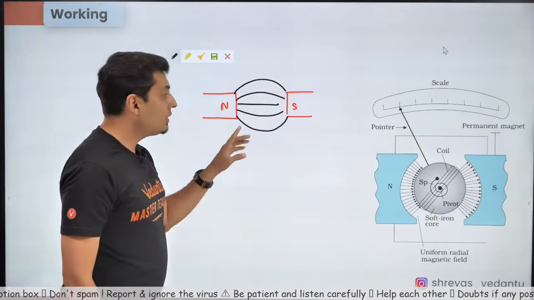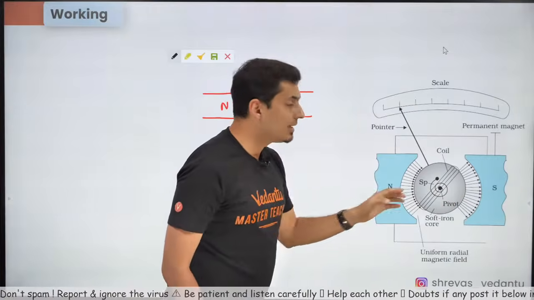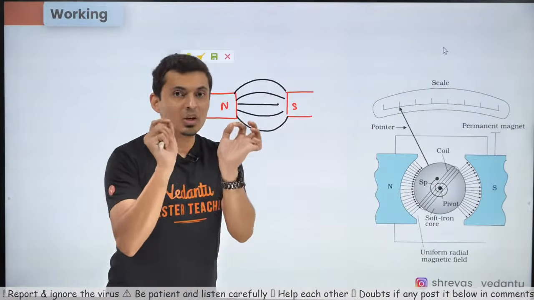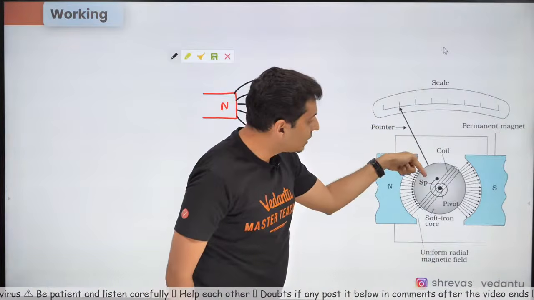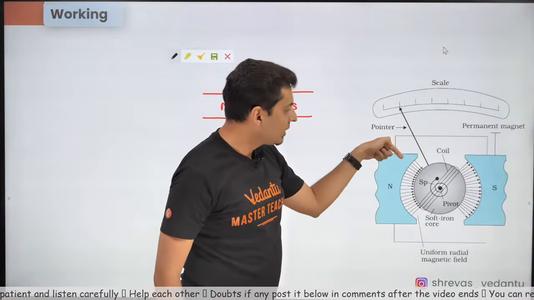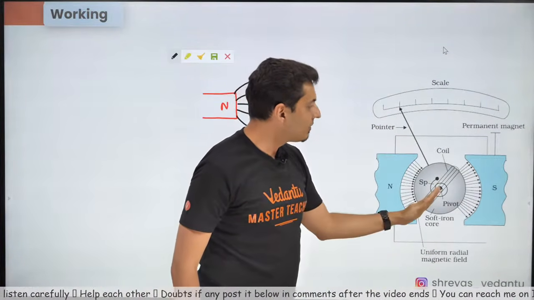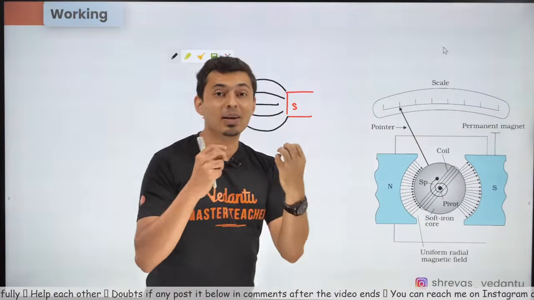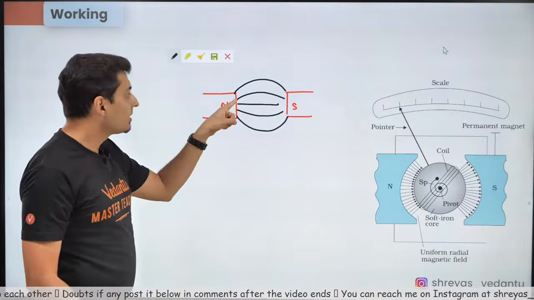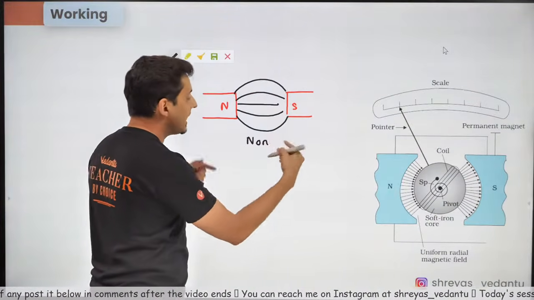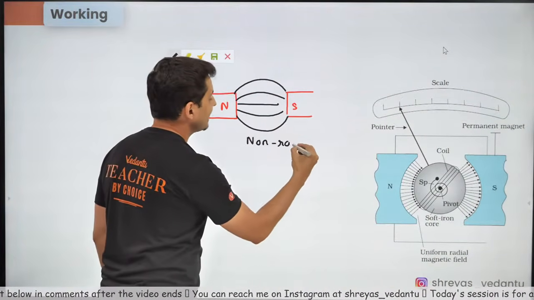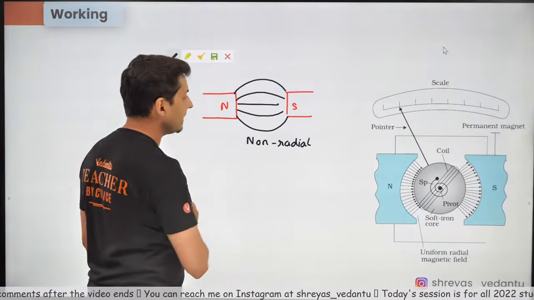But when you want a field in such a way that the field lines look as if they are going towards the center of this circle, look at this, the field lines go like this, the field lines come from here. That is called a radial field. This field is non-radial. Obviously, it's not directed towards the center, so that's why it is called a non-radial field.